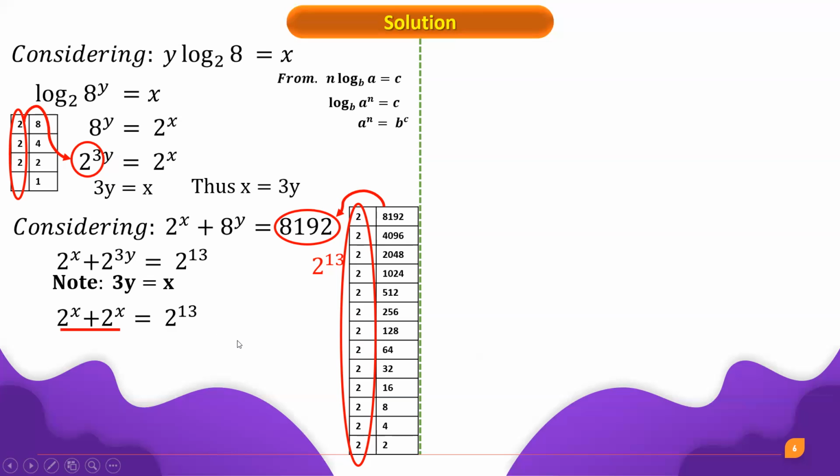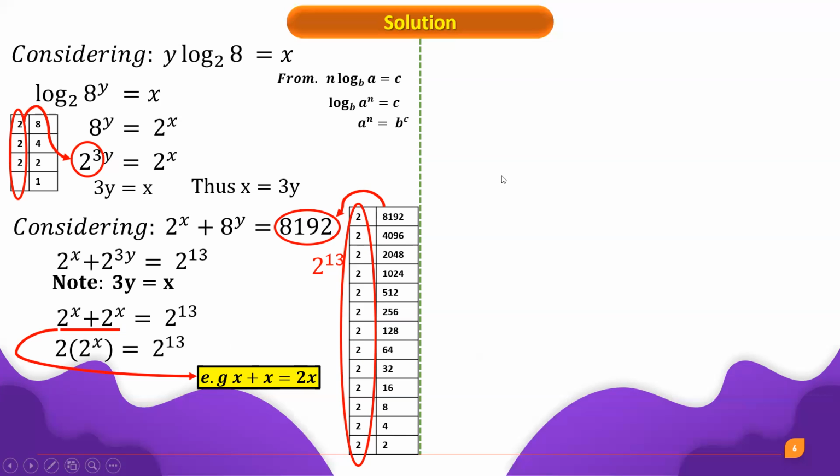Mathematically, if we have x plus x, that is equal to 2x. These are the same numbers, so we just add them and get 2 times 2 power x is equal to 2 power 13. So that is the trick behind.